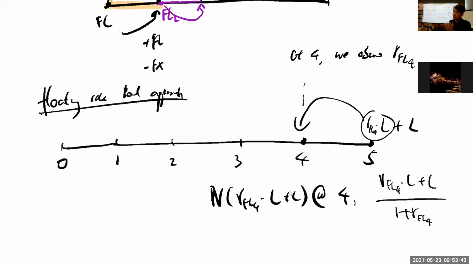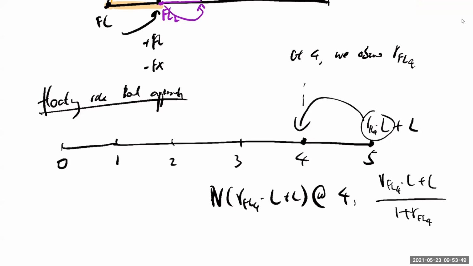Because we observe that interest rate, so it's fair to use that interest rate, RFL4 here, to discount the value back. And then if you're good at math, you just know that that's just L. So the present value of your floating rate bond at time 4 is back to L again. So now you're back to L.